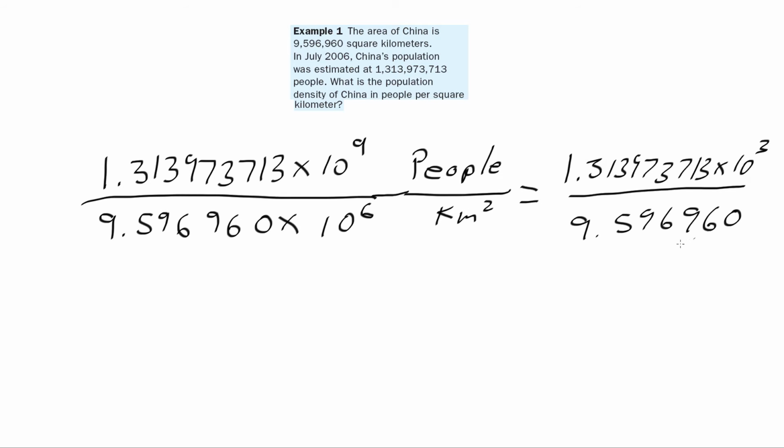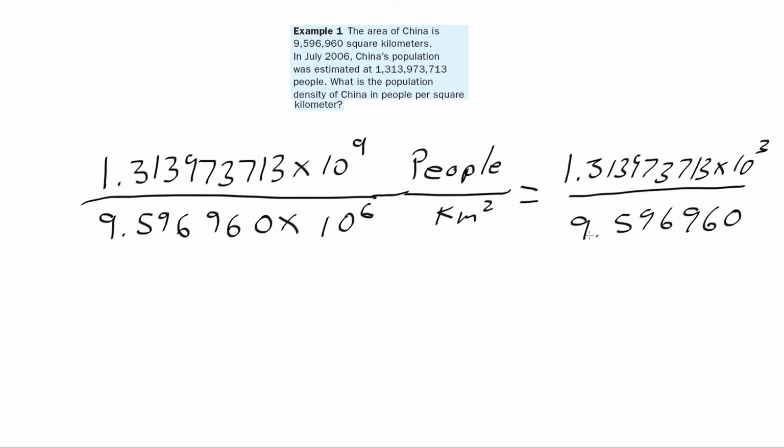10 to the third means 1, 2, 3. That's 1,000. So I've got 1,313 divided by 9.596960.